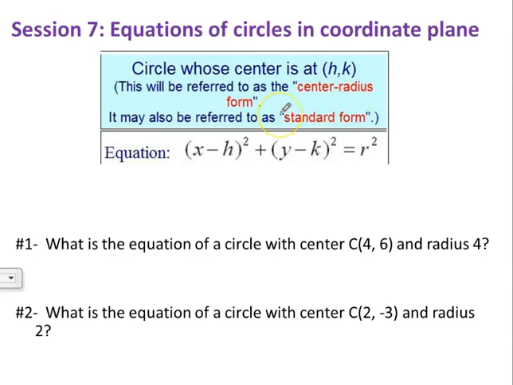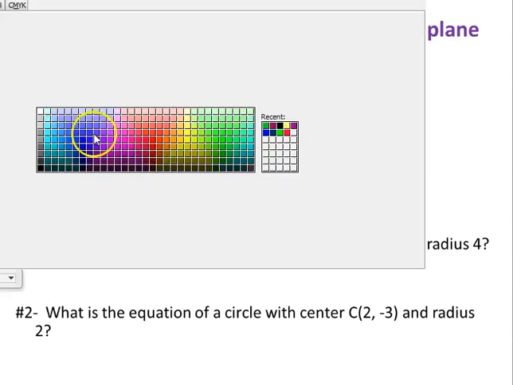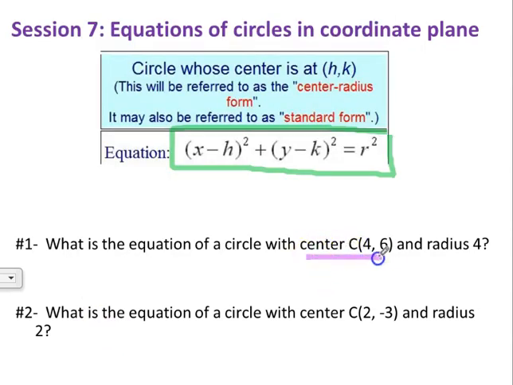So we can also write equations. If we're given the center and the radius of a circle, we can then turn around and write the equation of our circle. So we're going to do this one time and then we're going to stop. So here it says, what is the equation of a circle that has the center right here at 4, 6? The coordinates of the center would be at 4, 6.